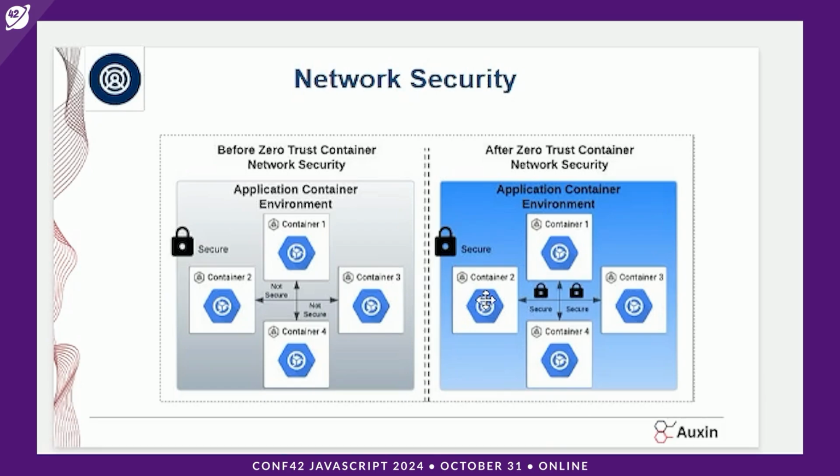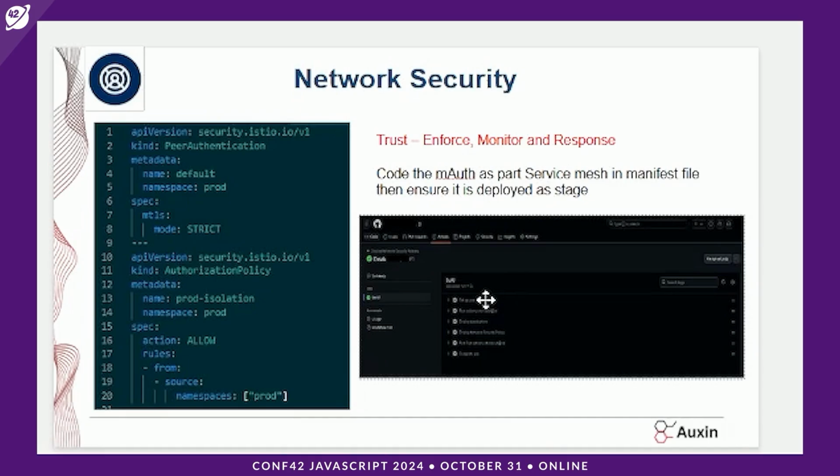This comprehensive network security ensures a consistent, secure environment for all the containers. Here we enforce strict policies, continuously monitor traffic, and respond to any anomalies by deploying the service as part of the service mesh. In this manifest file, we ensure that authentication is applied at the namespace level, helping to protect our environment from unauthorized access.